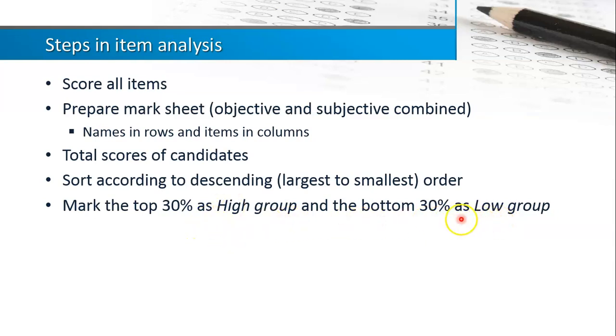So 30% for the high group and 30% for the low group. For example, if you have 30 students, the top 30% is 10 students. The first 10 students are the top 30%, and the last 10 students will be the bottom 30%, or the low group. Then you can perform the item analysis.